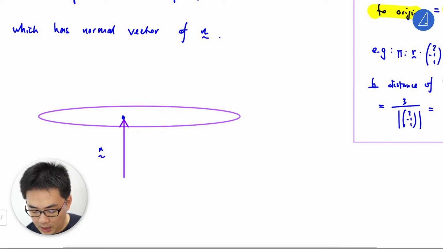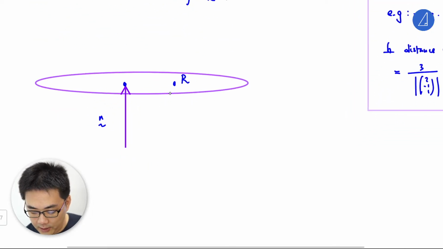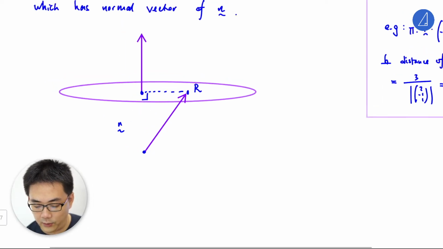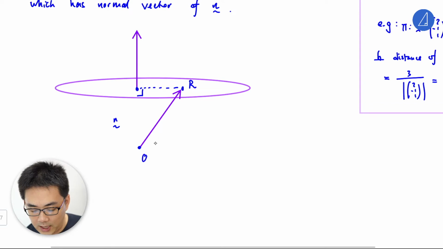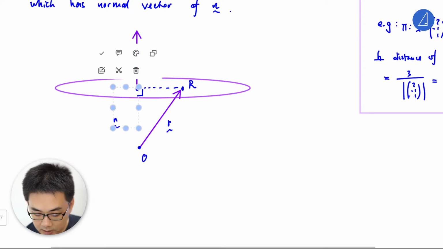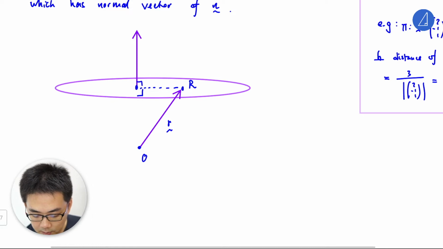So this is r, point r. I do not know where the origin is, so let's say this is the origin here. Now the rationale is I can do it like that. I obviously can do the normal here, but because I want this to be r, this normal is here. This is the normal.